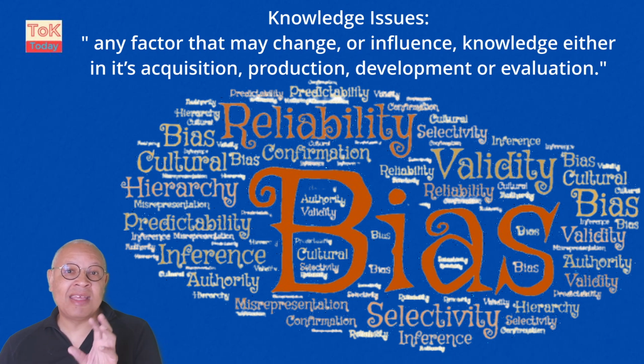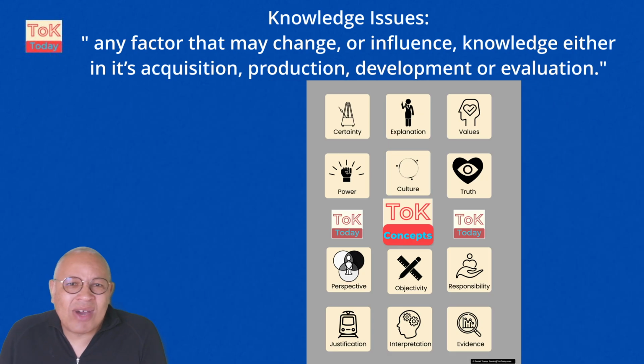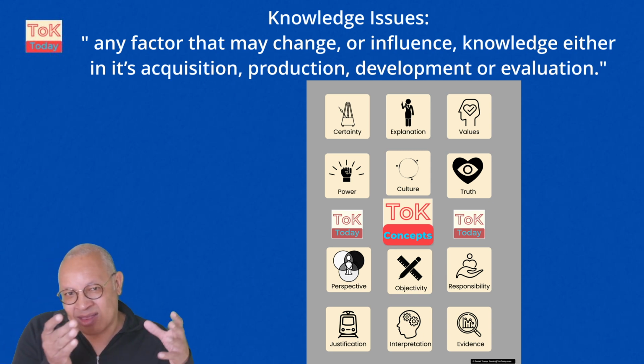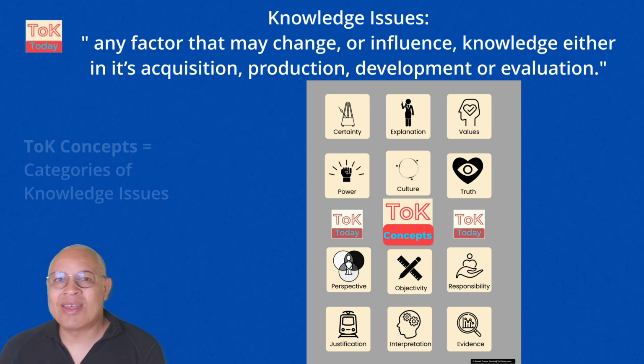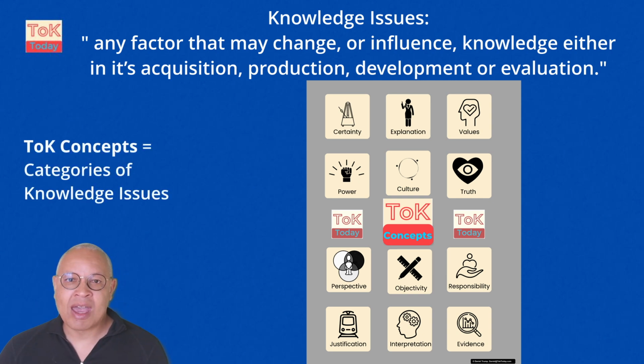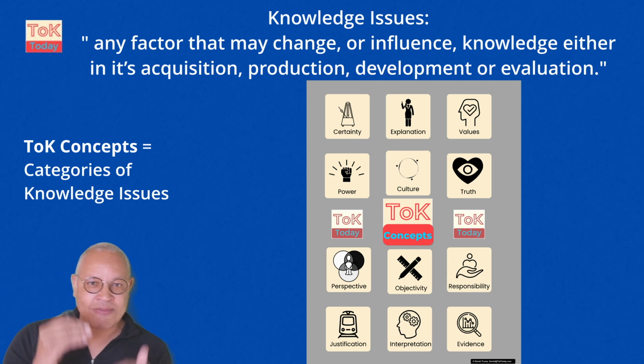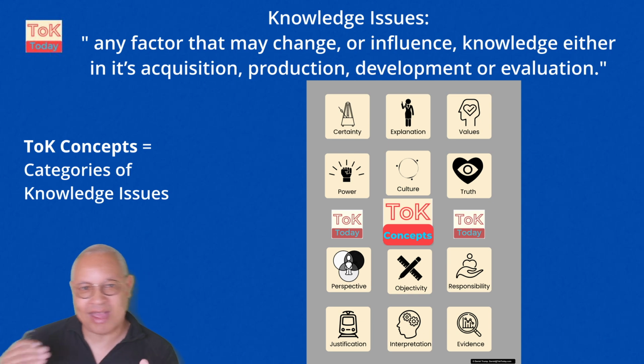Now, obviously, these knowledge issues are linked to the 12 core ToK concepts. And in many ways, the concepts themselves constitute knowledge issues. As such, I like to see the 12 core concepts as constituting categories of knowledge issues. And then specific knowledge issues cluster underneath each of those primary conceptual categories.